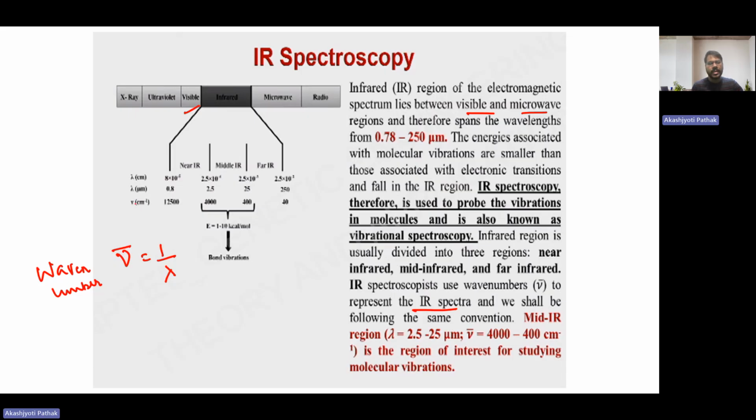We can express it in terms of wave number, wavelength, or frequency, but wave number is the conventional mode for representing the region in which the molecule is absorbing. The mid IR region is the region of interest for studying molecular vibrations. Remember this: mid IR region is 4000 centimeter inverse to 400 centimeter inverse.